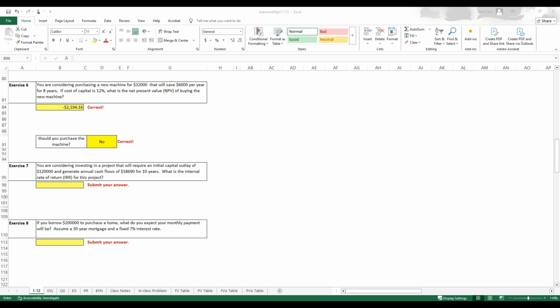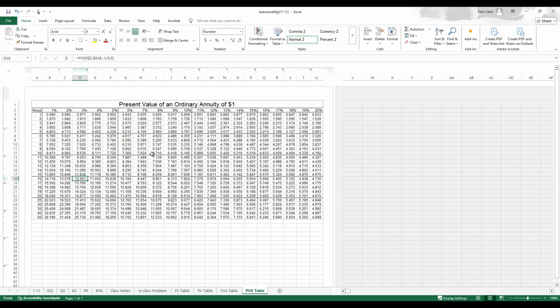So take your $120,000 of investment, and then we treat this 18,690 as our annuity amount, and then we divide the 120,000 by 18,690, and that produces 6.42.